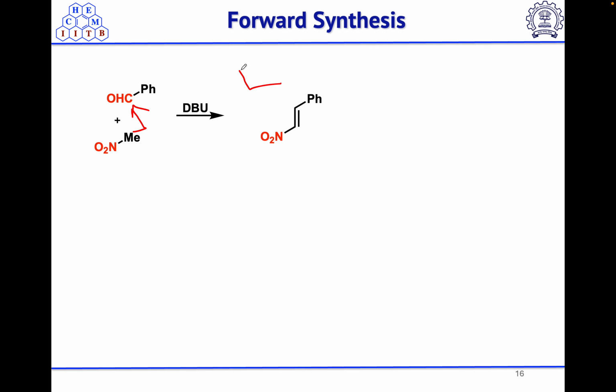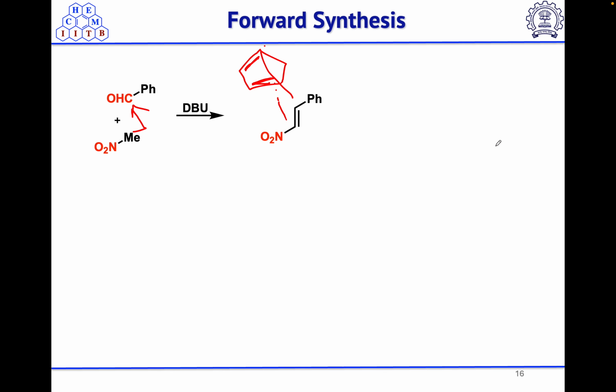The diene is cyclopentadiene. So basically you will get this Diels-Alder reaction, with these two C-C bonds forming.